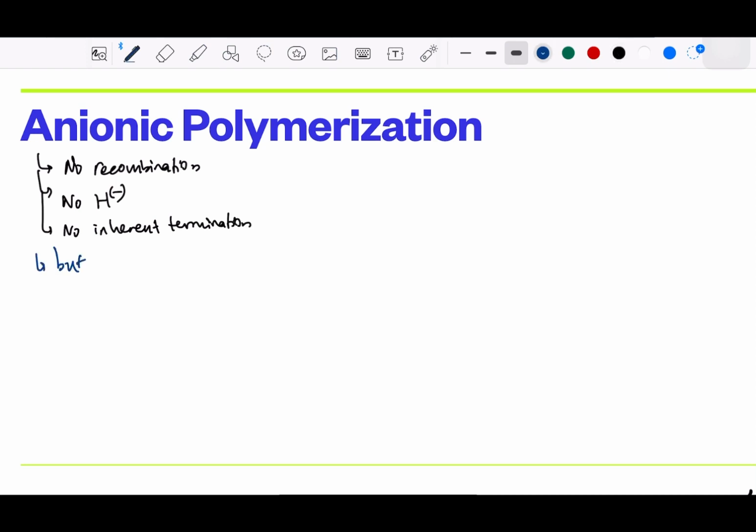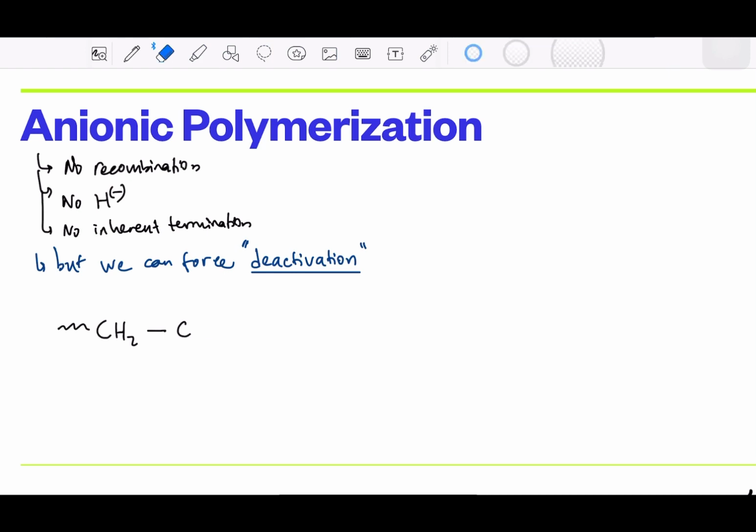But we can force deactivation. For example, if we take this and react it with this, let's say it has an unpaired electron here.